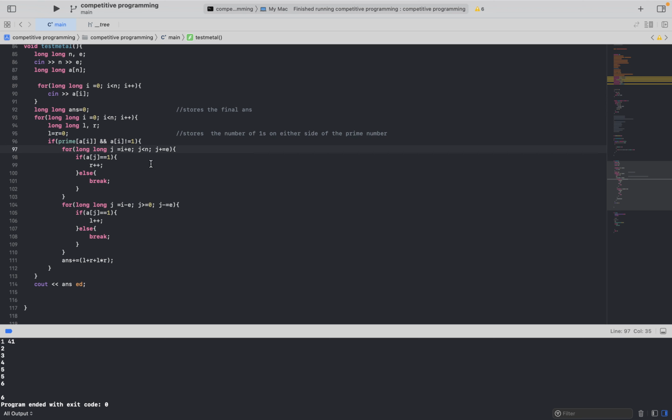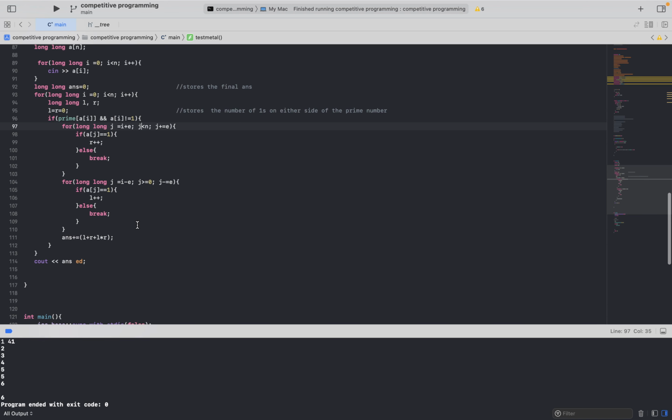Now we run two loops in order to find the number of ones on either side of the prime number. So we have initialized j to i plus e. It runs up till n, and after each iteration we increment j by e. If the jth element is equal to 1, we increment r by 1, otherwise we break this loop.